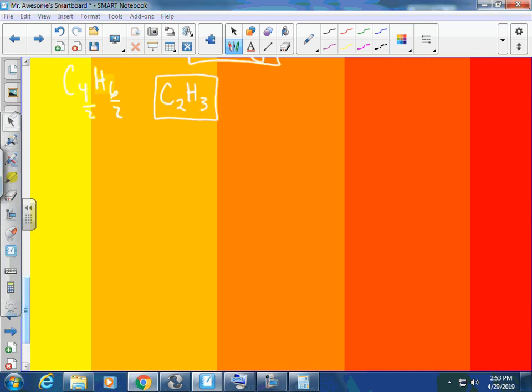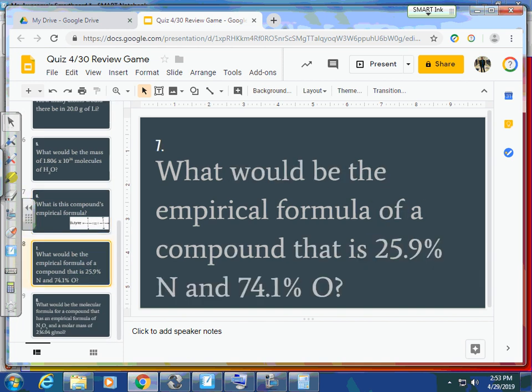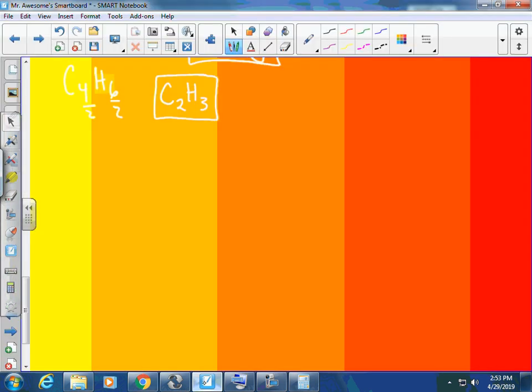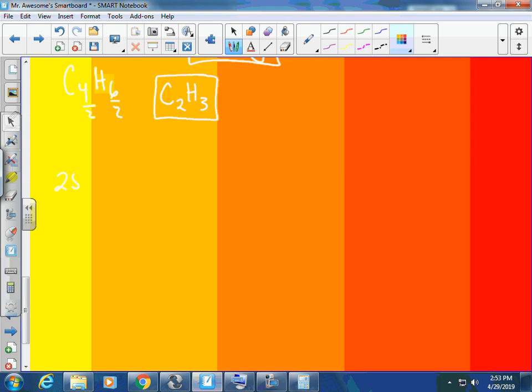All right. Now we get a little bit different problem. This is finding empirical formula from percentages. So I have 25.9% nitrogen, 25.9, and I have 74.1% oxygen.